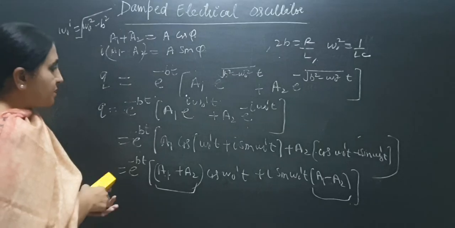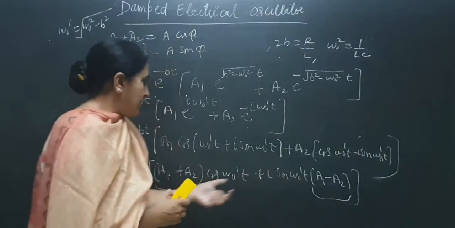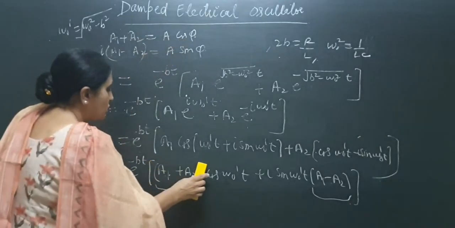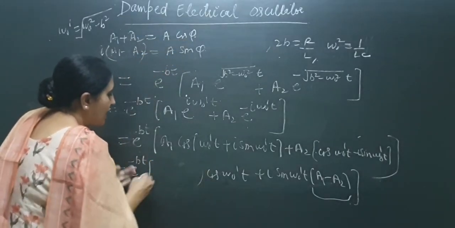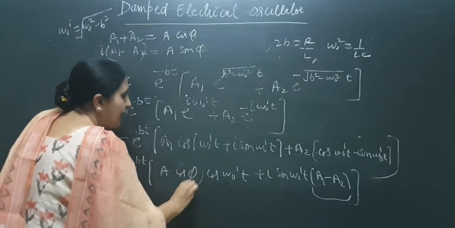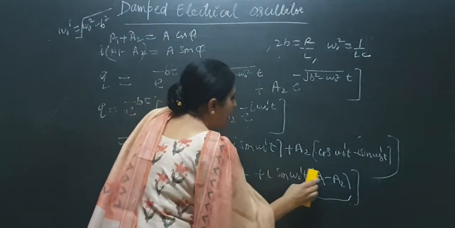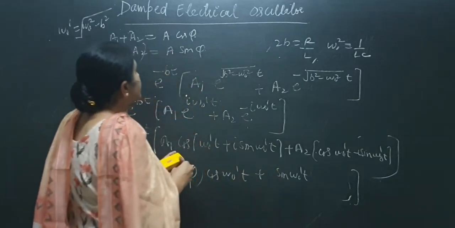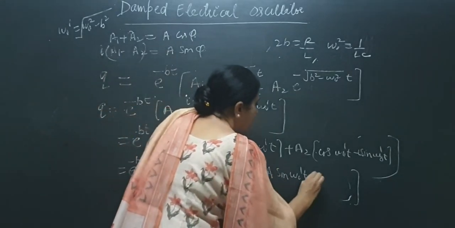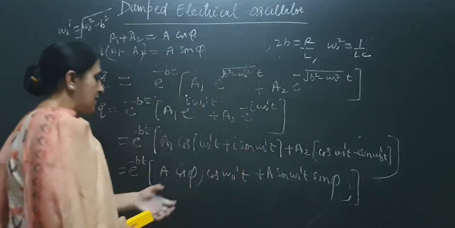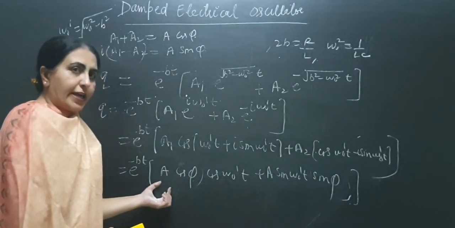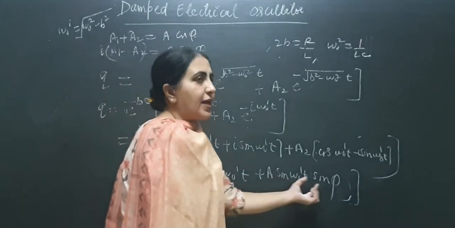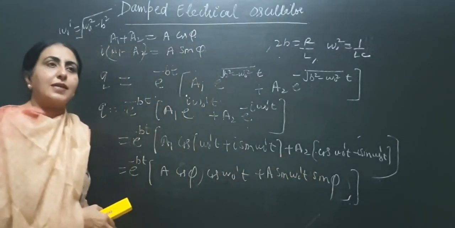Clear? So put a cos phi instead of a1 plus a2, and in case of a1 minus a2 iota, I put a sin phi. So a is common, we can take it outside. cos a cos b plus sin a sin b is equal to cos of a minus b.